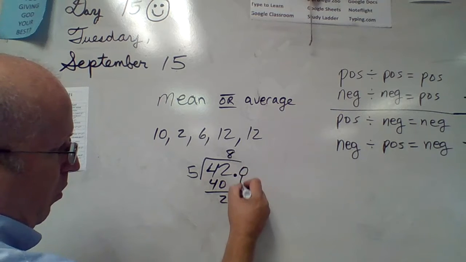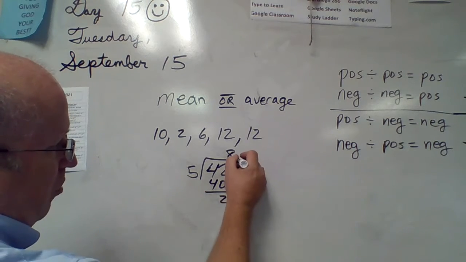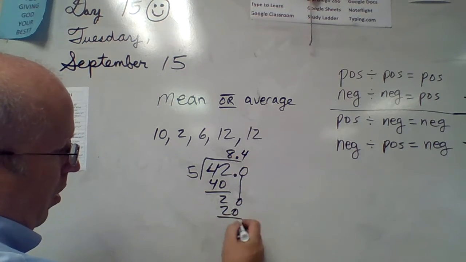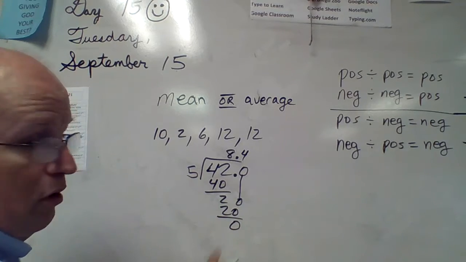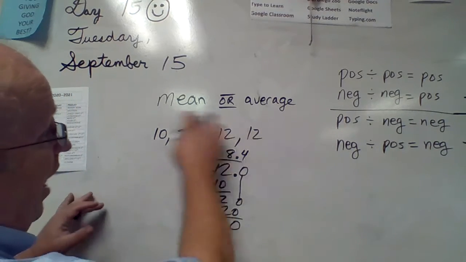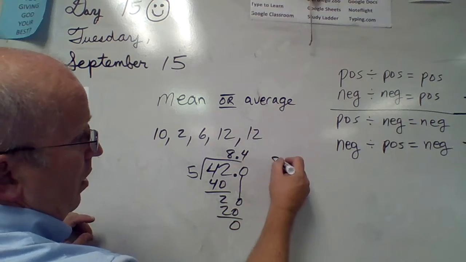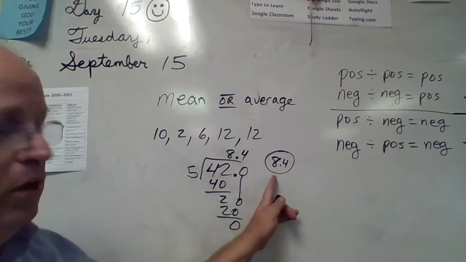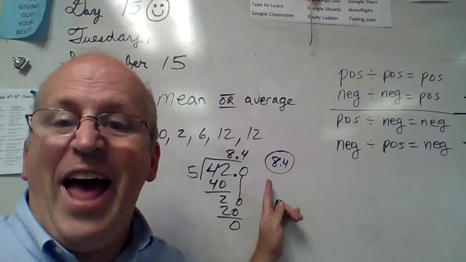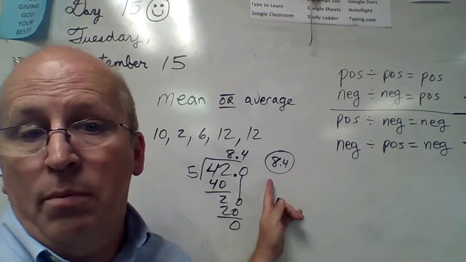If I bring down a 0, it goes into it 4 times, and I get a remainder of 0 here. So the average of that set of data is 8.4. In other words, Rael is scoring an average of 8.4 points per game.